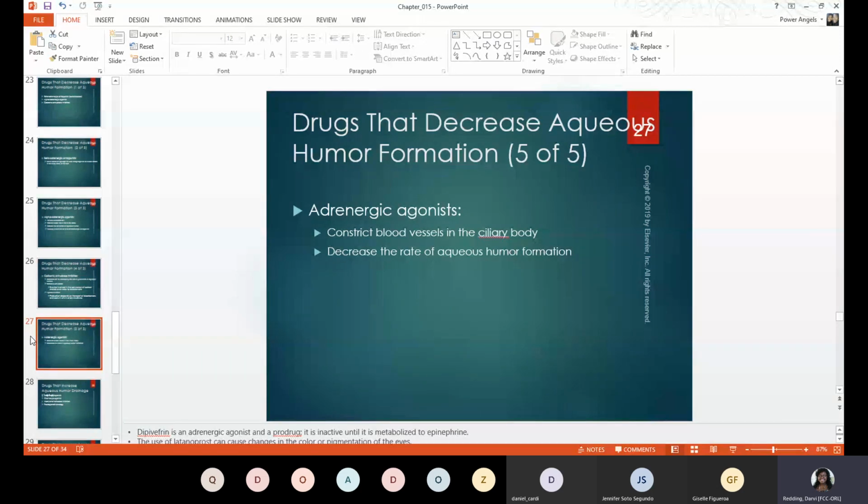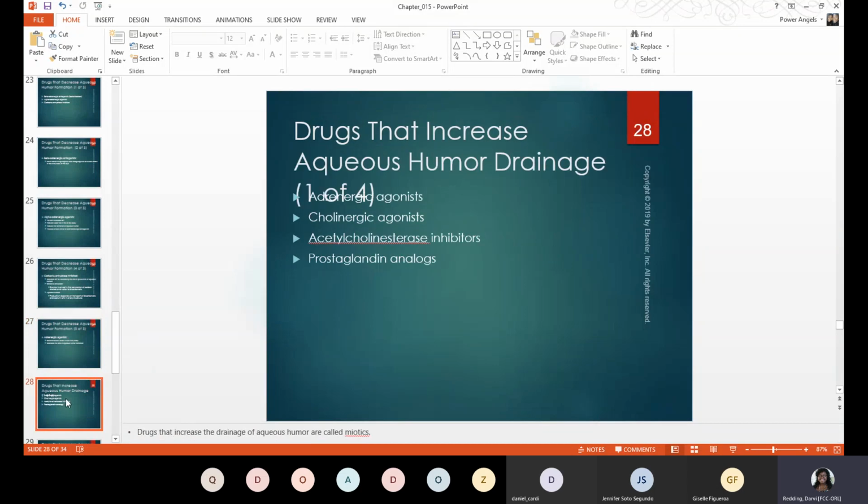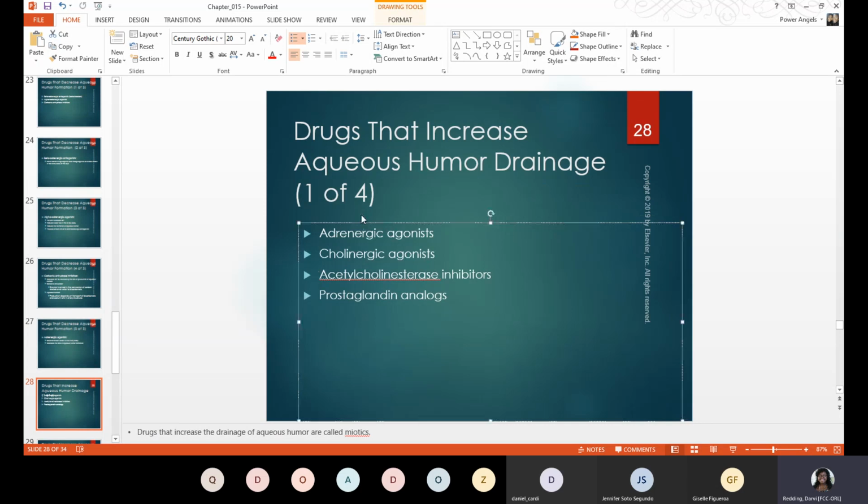And then you have other medications that's going to increase the aqueous humor drainage. And these medications is going to include the adrenergic agonist, a cholinergic agonist, and then you have acetylcholinesterase inhibitors and prostaglandin analogs.